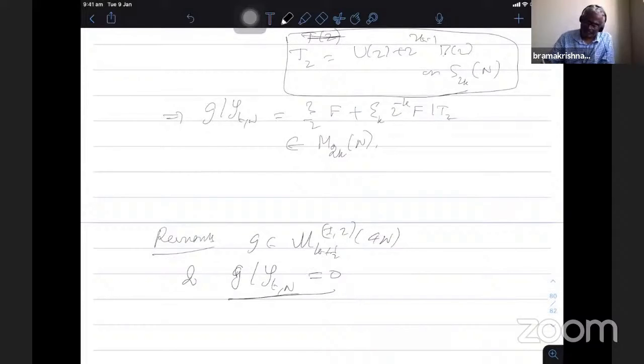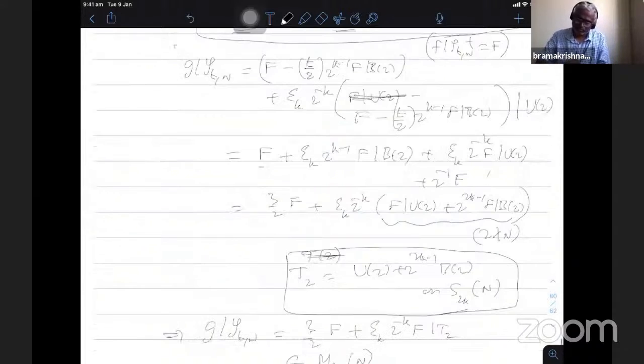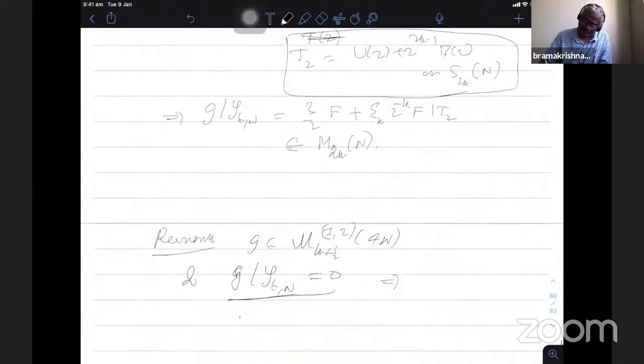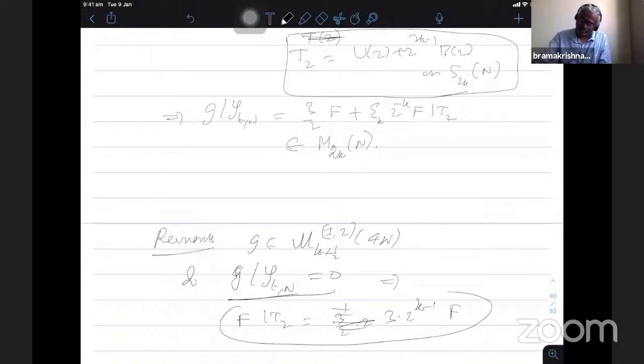This implies, when you go to this particular one, if I put the left hand side as 0, what we get on the right hand side is F bar T2 is 3 by 2 into 2 power k, that is 3 into 2 power k minus 1, this plus minus F. And F is in the plus space.